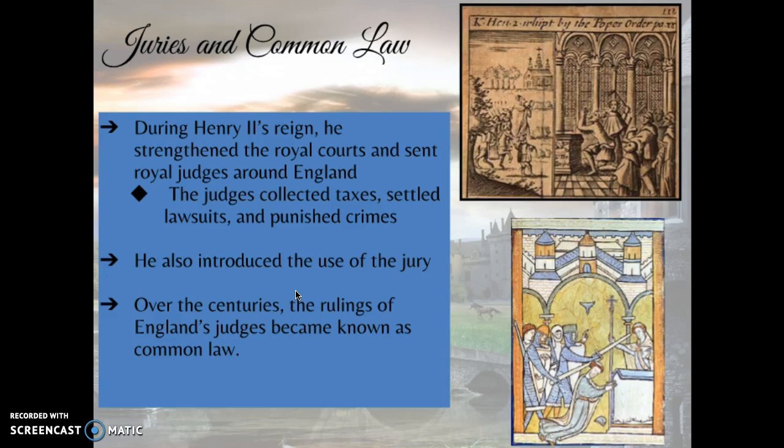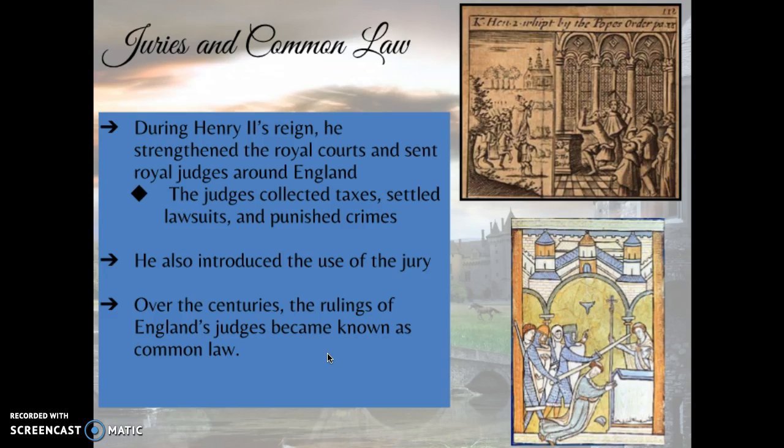So while Europeans are still woefully behind like what we saw in China or India, you start to see these structures developing as they become more stable. And he also introduced the use of the jury. And the rulings of the judges become known as common law. And then these are just kind of added to the books, right, throughout history.